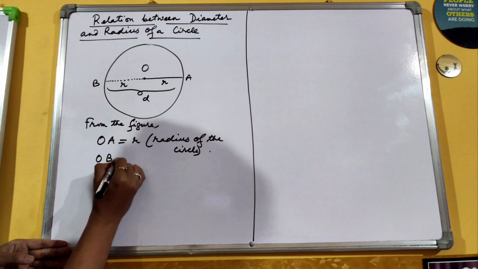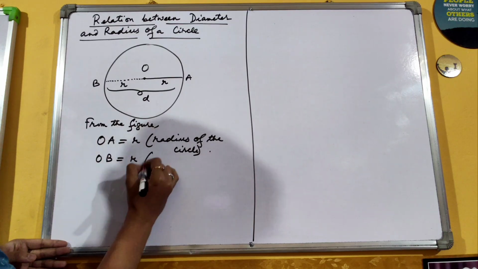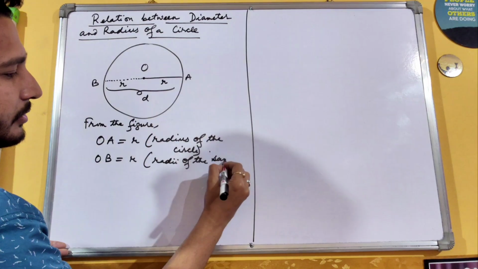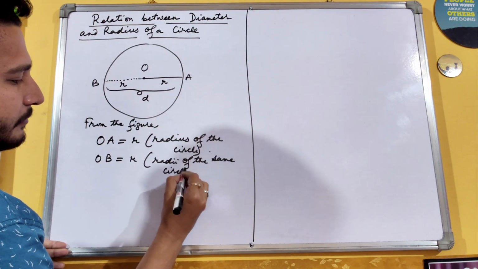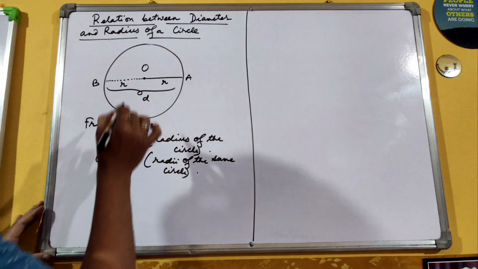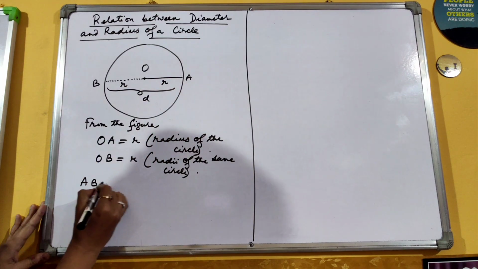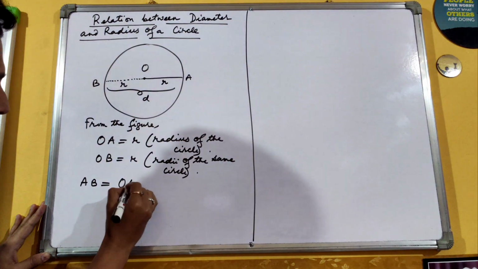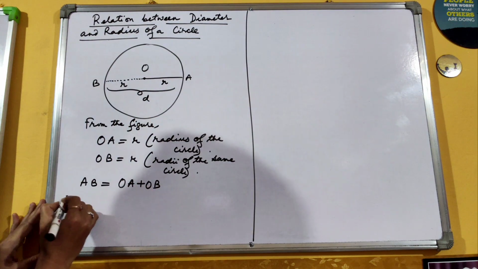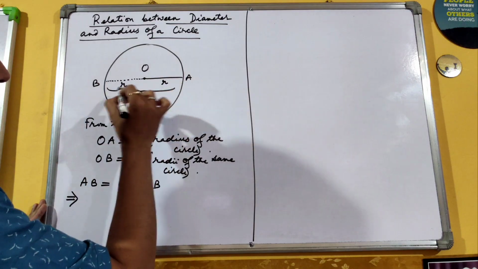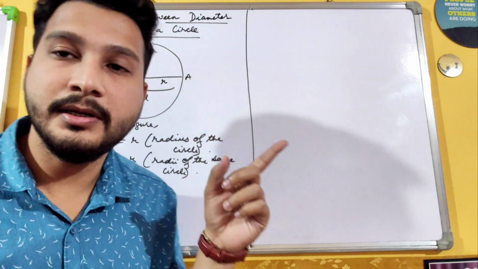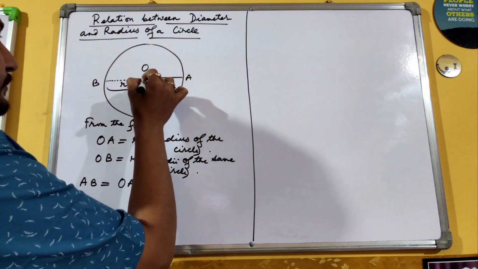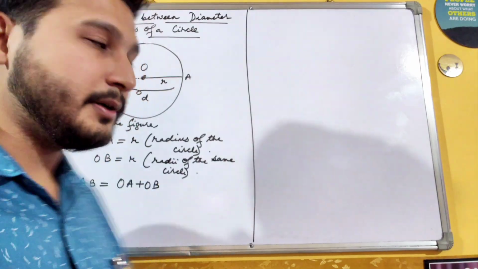So OB is also R, radii of the same circle. Now, what is AB? AB is OA plus OB. It's d, the diameter, because the diameter is the longest chord of a circle which passes through the center.